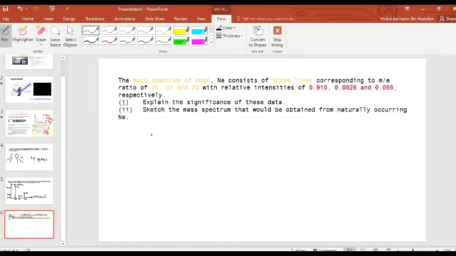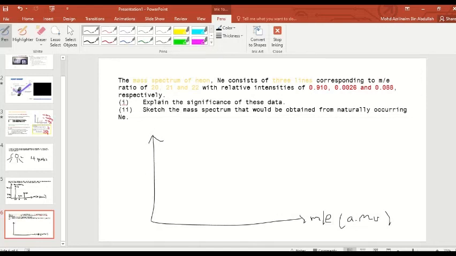Okay, now we move to point number 2. Sketch the mass spectrum. So the same thing, sketch the mass spectrum. This one over here part CY, part CX. This one is mass over charge ratio. Unit must be AMU. So over here, this is not percentage abundance here.